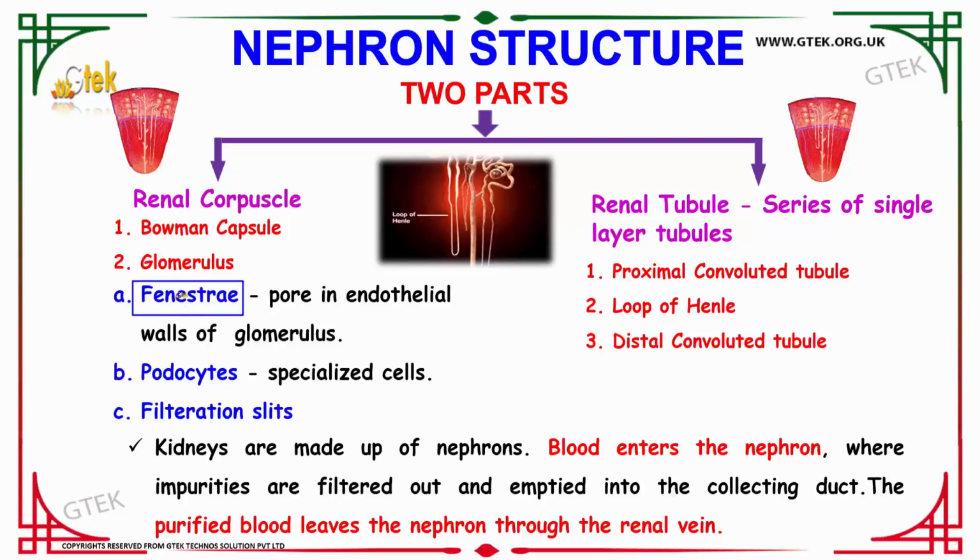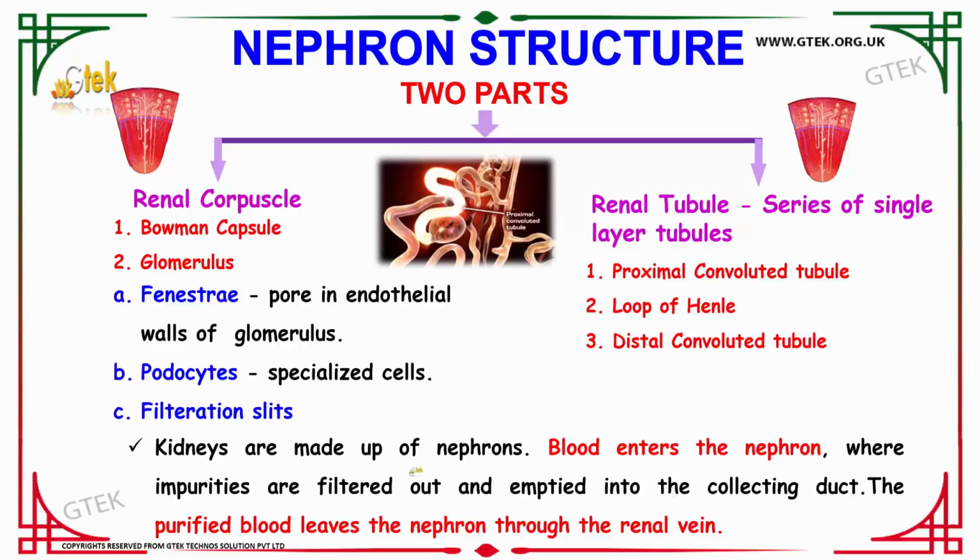Fenestrae are the pores in the endothelial walls of the glomerulus, whereas podocytes are the specialized cells which are located in the glomerulus. The filtration slits. The kidneys are made up of nephrons.